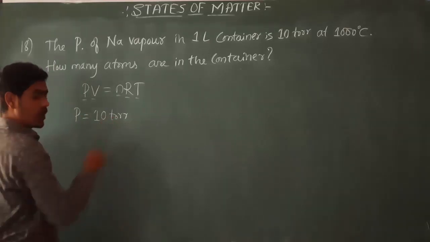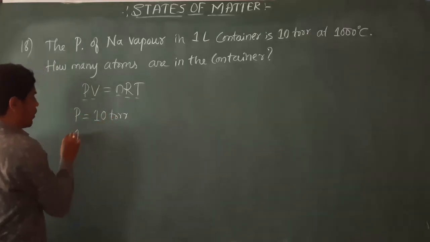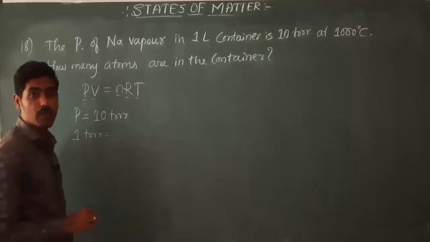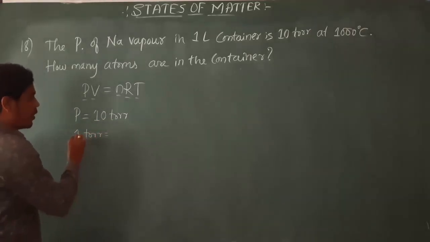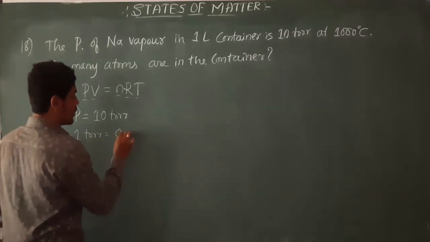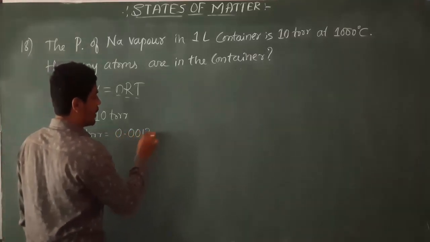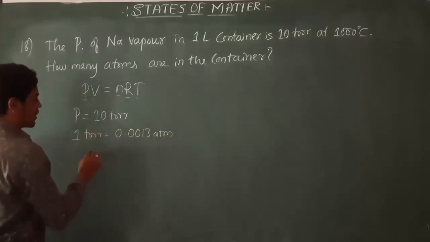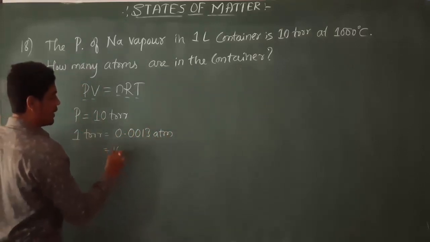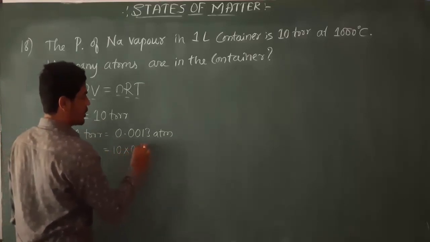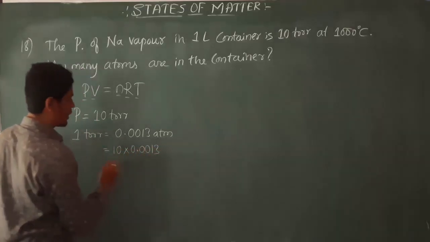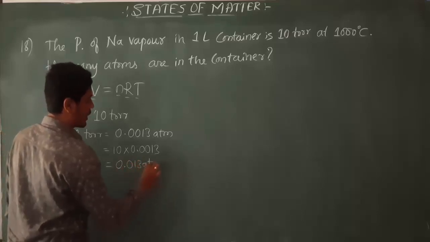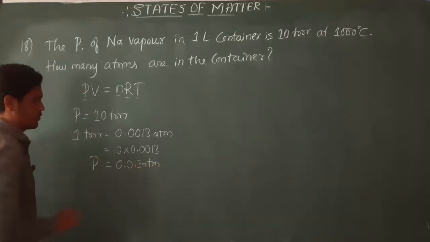In order to convert that, you should know 1 torr is equal to how many atmospheric pressure? Remember, 1 torr is equal to 0.0013 atmospheric pressure, and 10 torr is nothing but 10 into 0.0013, that gives 0.013 atmospheric pressure. So this is the pressure.